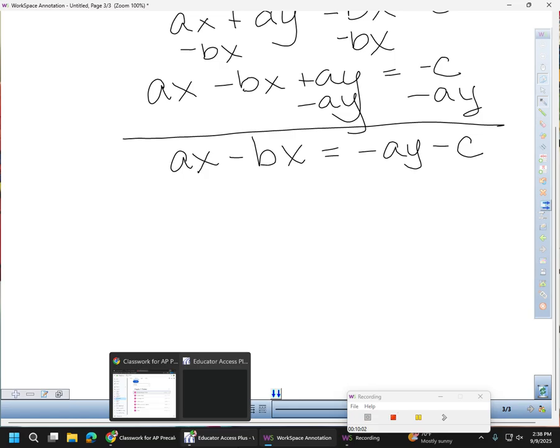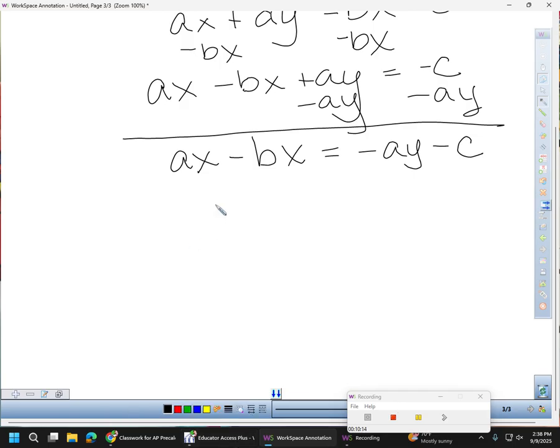Okay, so listen. Now, you have x in two separate terms. We need to get it by itself, so that's when we undistribute. We put the x in front of the parenthesis. If I take it out of this one, I have an a. If I take it out of this one, I have minus b, equals negative ay minus c.